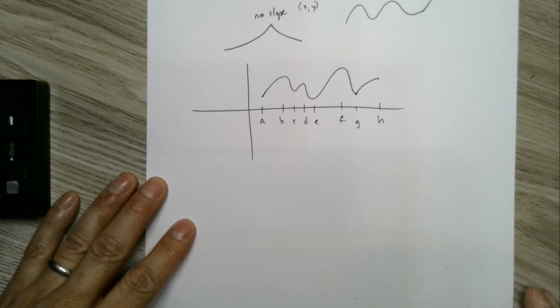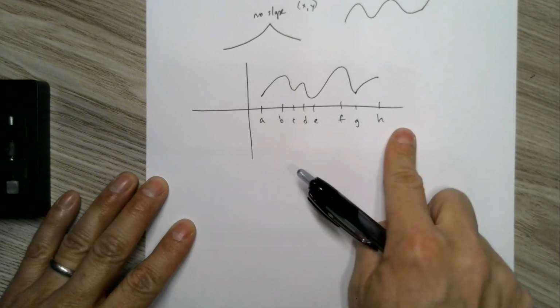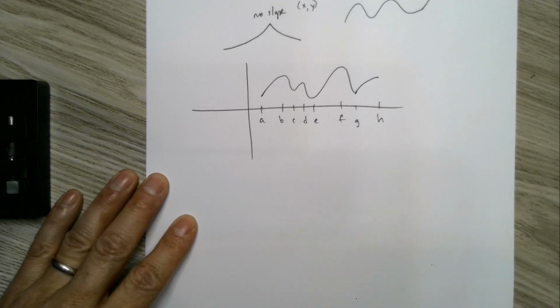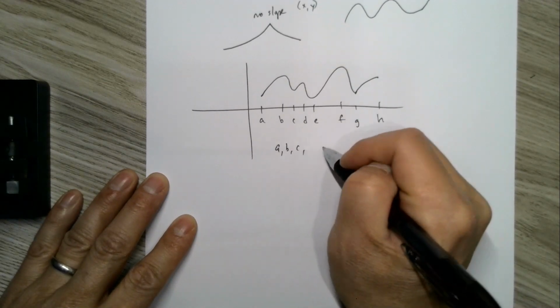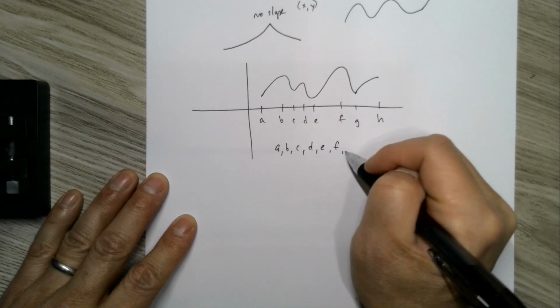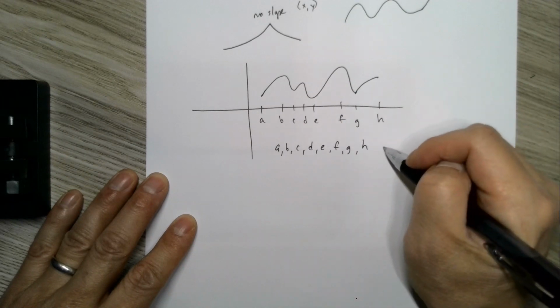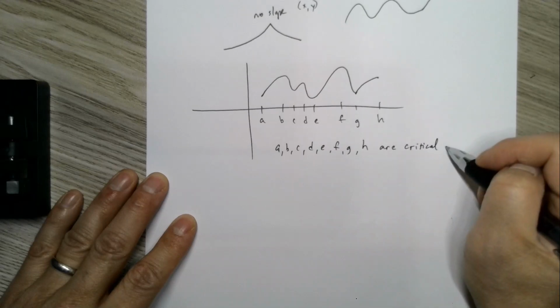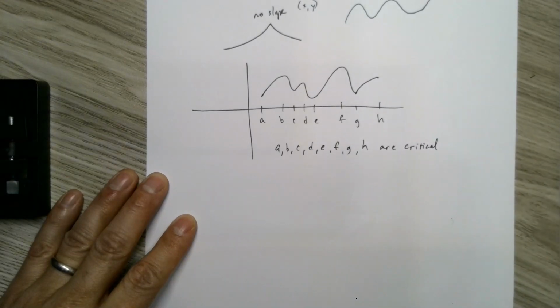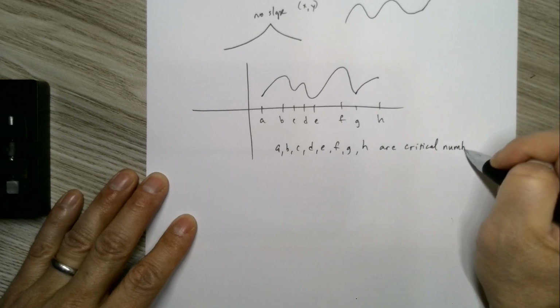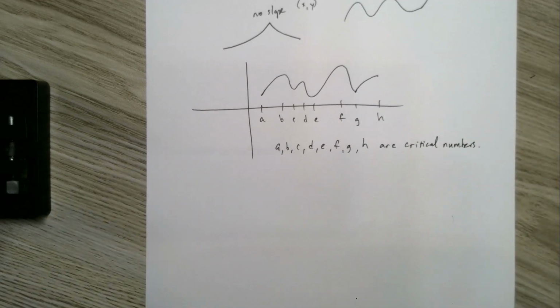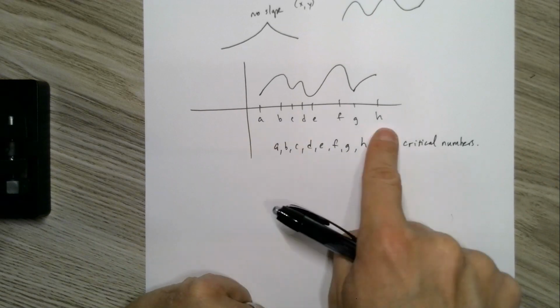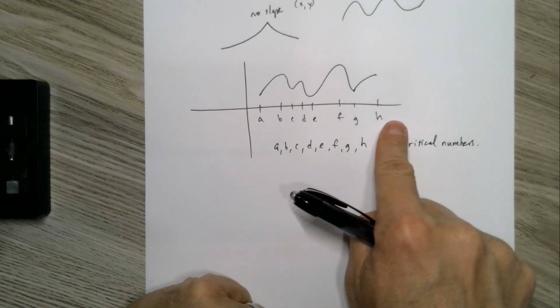And every single one of these are critical values. So A, B, C, D, E, F, G, and H are critical numbers. Critical values, critical numbers. Why is that? Because at every one of these values, A through H, the slope is either 0 or does not exist.